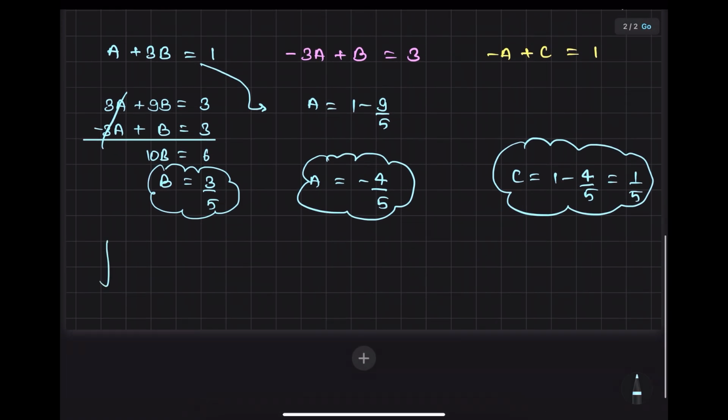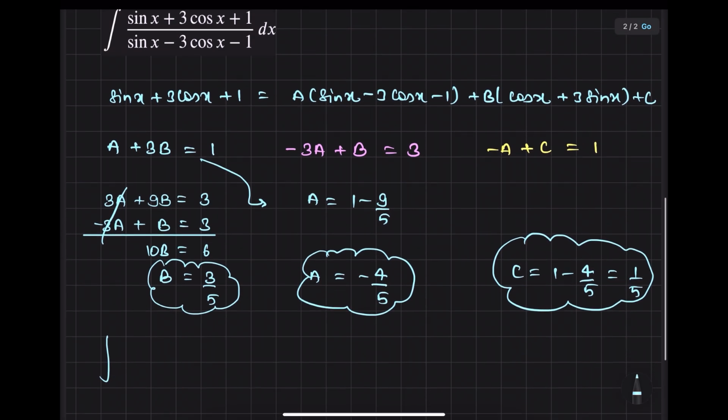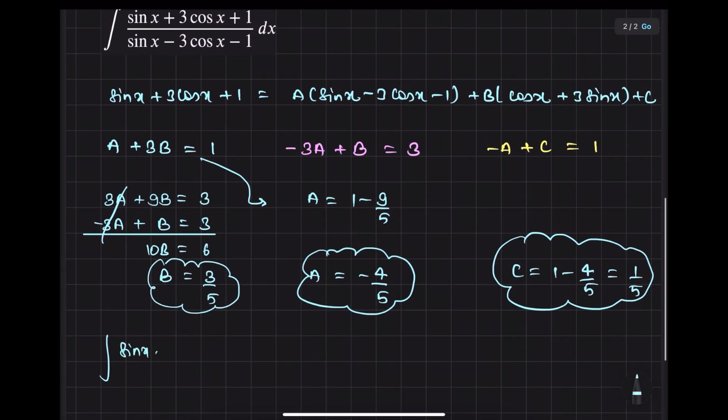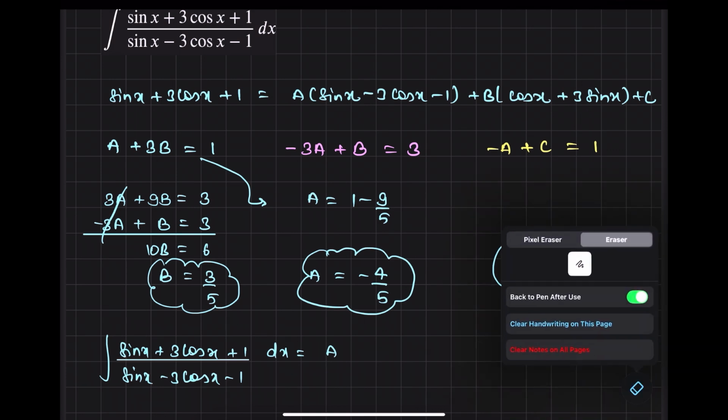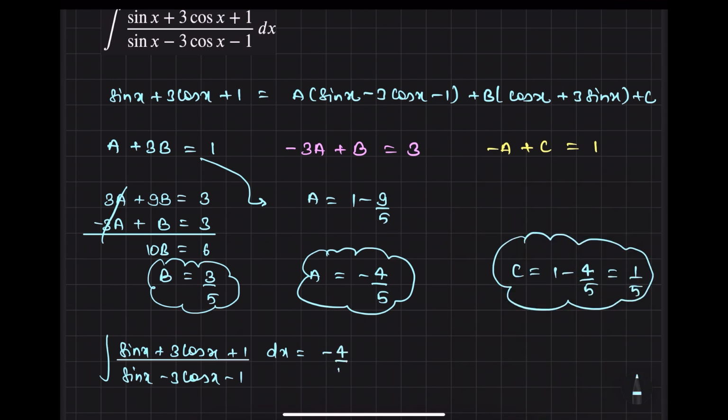Now let's do the integration. The integral of sin x plus 3 cos x plus 1 over sin x minus 3 cos x minus 1 dx will be a times, where a is minus 4 by 5, the integral of the denominator sin x minus 3 cos x minus 1 over the same denominator.